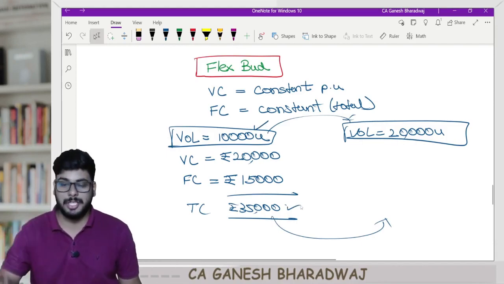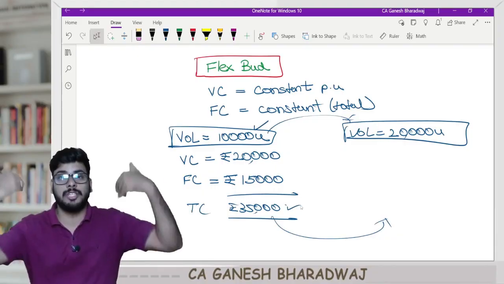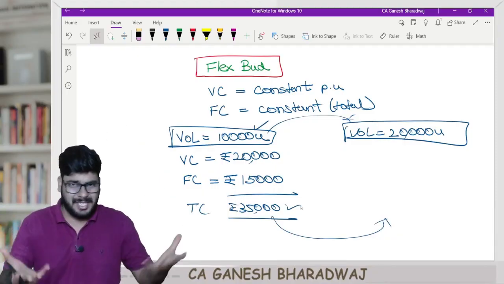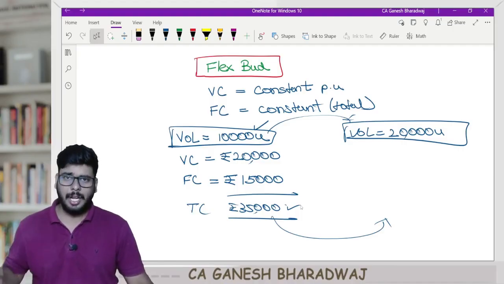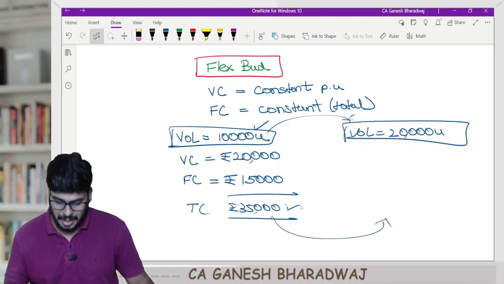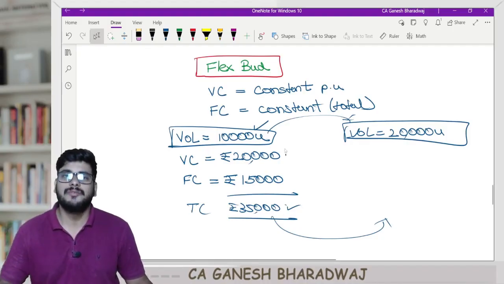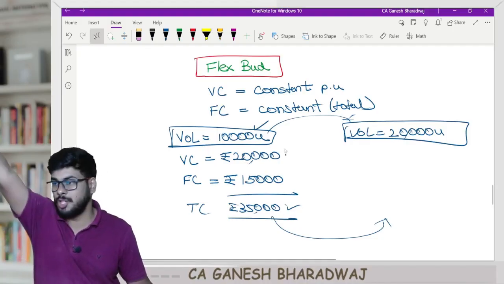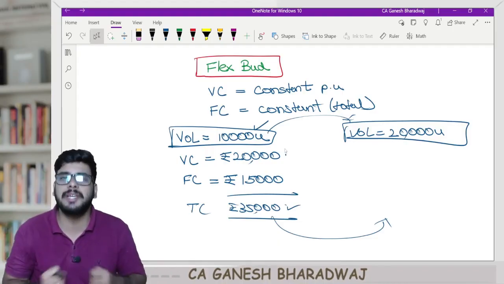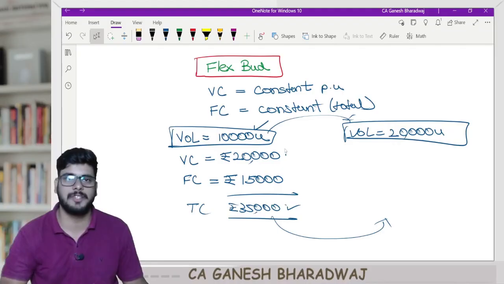So if my volume is doubling to 20,000 units, my total cost will also double and become 70,000? Absolutely not. Why? These are the basics of our cost behavior pattern, variable and fixed cost. Variable costs will move in proportion to your volume, whereas fixed cost, as the name suggests, remains constant in total. It will not change based on your volume level.